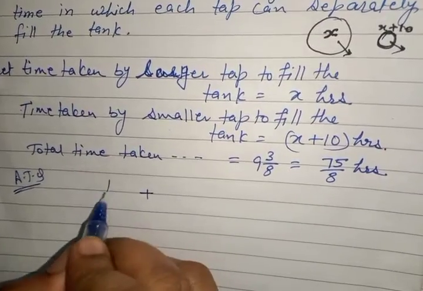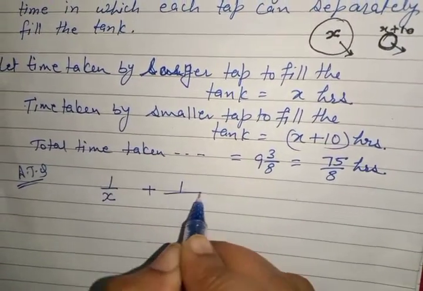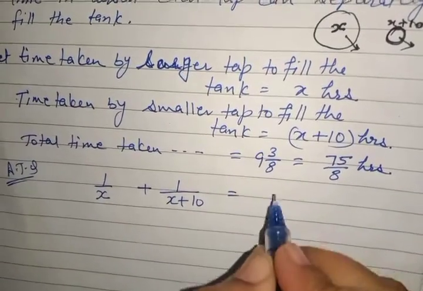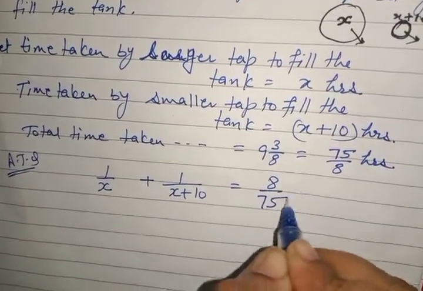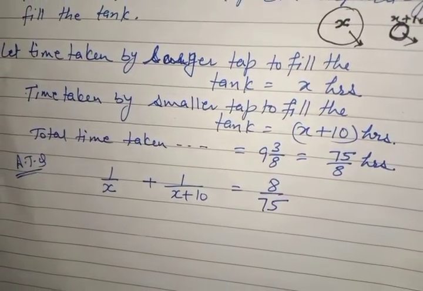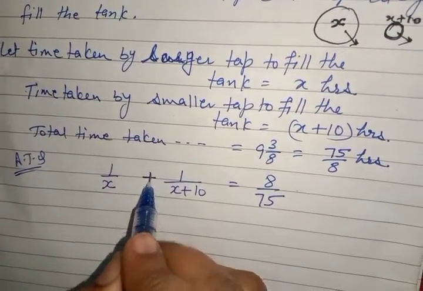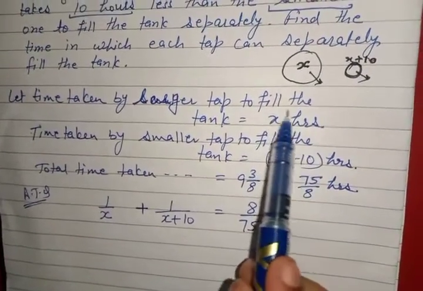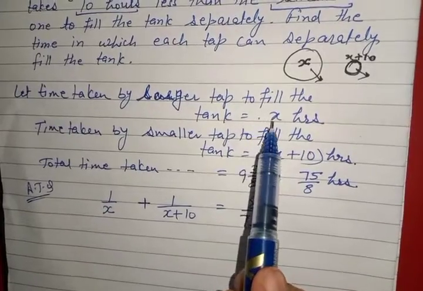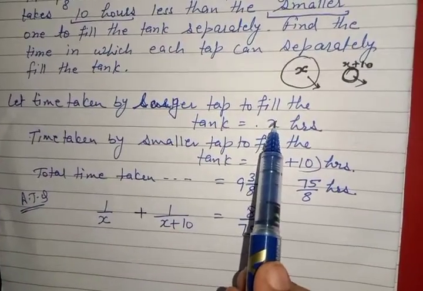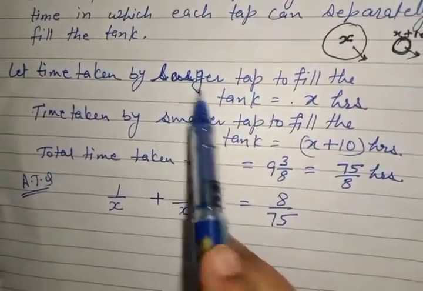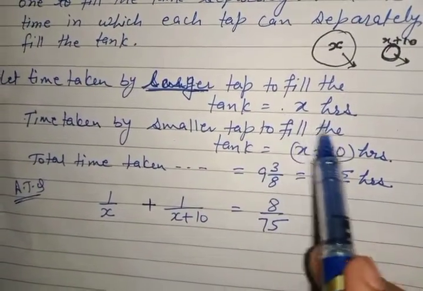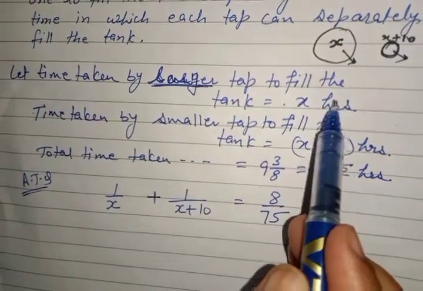If we open both taps, the larger tap will take this much time, the smaller tap this much, and the total time we also have to reciprocate. Now this question comes to your mind: why has ma'am reciprocated all the terms? Because this is the total time, and we need to find out how much water will be filled in 1 hour.